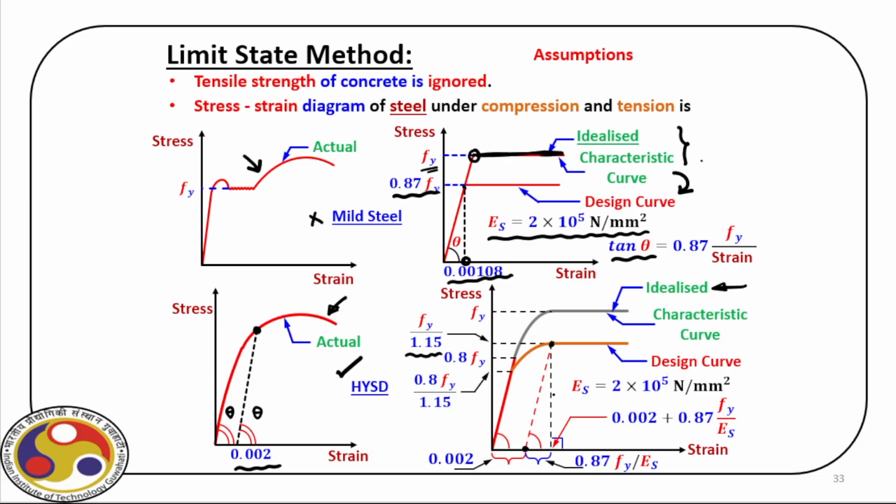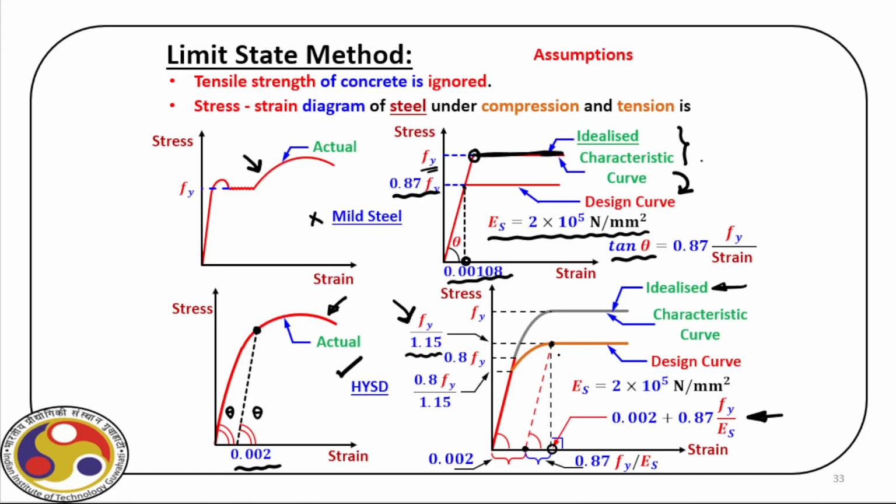For that, we drop this vertical line, and the point here corresponds to the strain to this value of Fy by 1.15. Now, for that, we add these two strains. So initially we have 0.002, and then this part we can easily find out this amount of strain. So the stress is 0.87 Fy divided by S, right? And effectively this is the strain at that particular point.